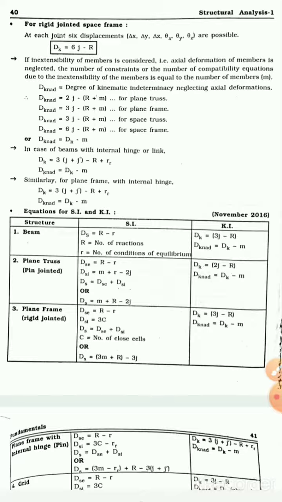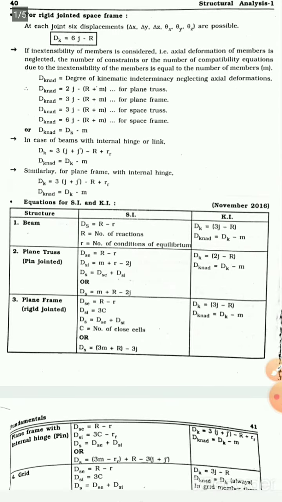If inextensibility of members is considered, that is, axial deformation of members is neglected, the number of constraints or compatibility equations due to the inextensibility of the members is equal to the number of members. So the degree of kinematic indeterminacy neglecting axial deformation for a plane truss is equal to 2j minus (r plus m).